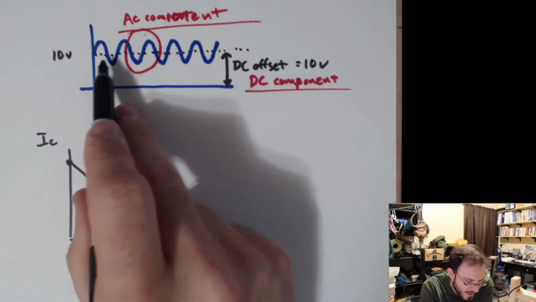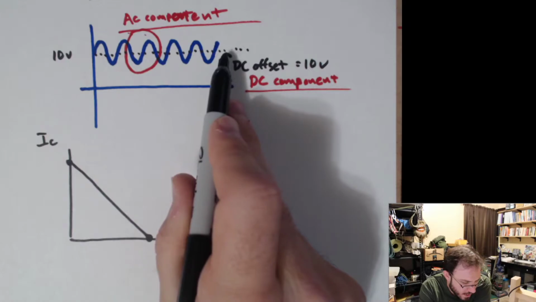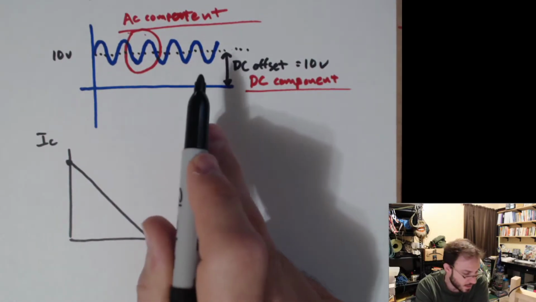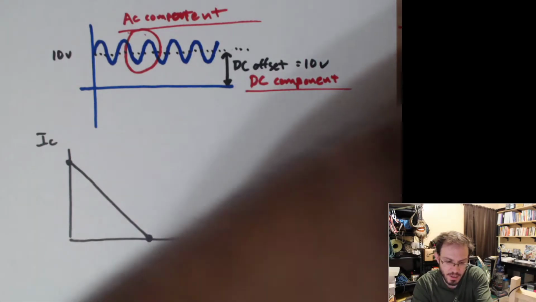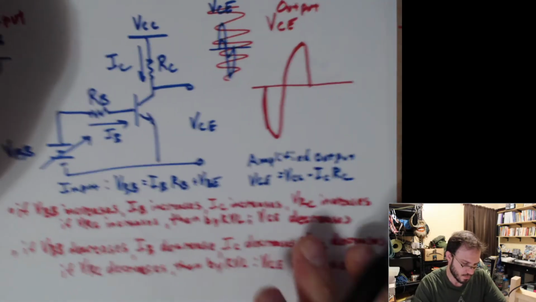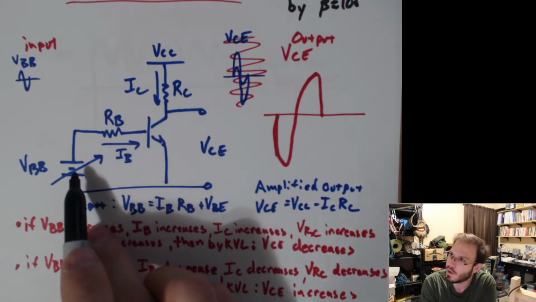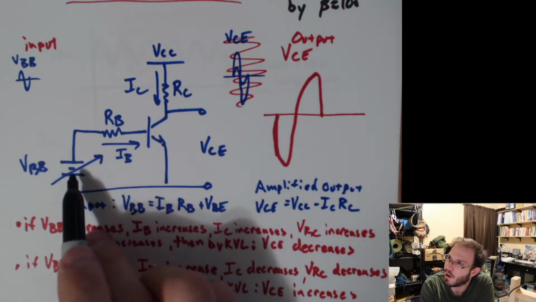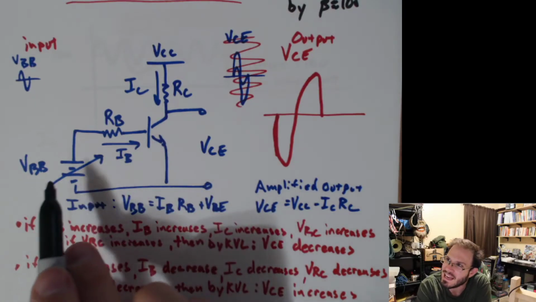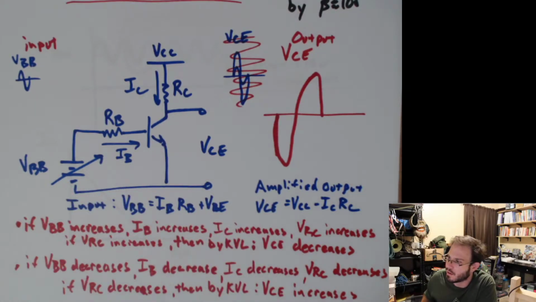If you notice this DC offset over here, if we were at 0, what happens to our transistor if this is at 0? How does our transistor operate? What mode of operation will it be in if VBB is 0? It's in cutoff, right?